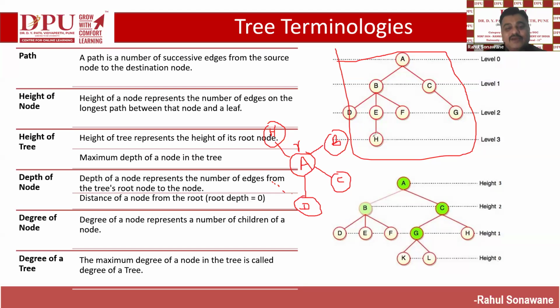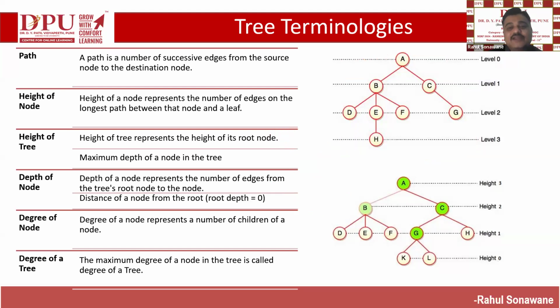After H there will be one more element, let's say I comes. Again, we will allow I to get added over here. Therefore, there will be no restrictions theoretically. But practically, we need to restrict how many nodes can be attached to any other node.